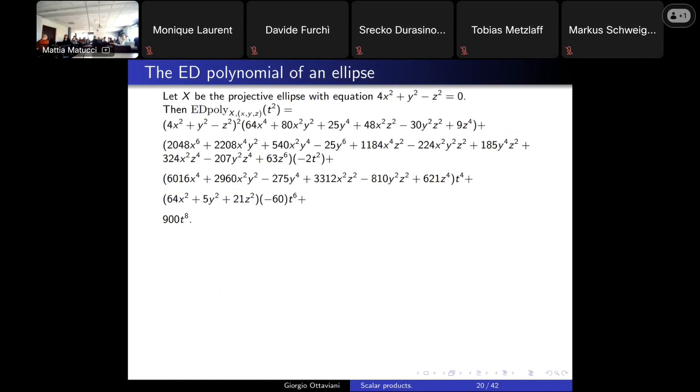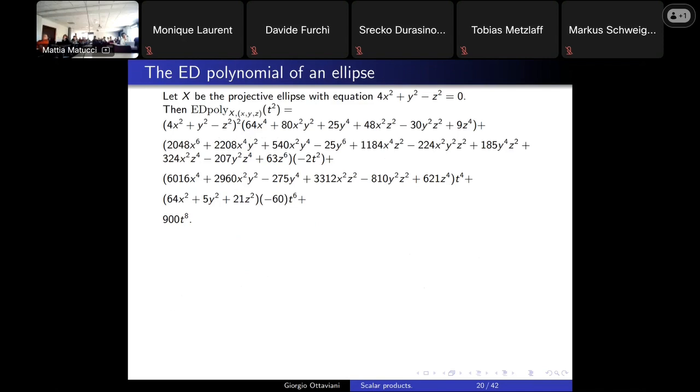Okay, so after all of this, I can show you a specific example of a conic, the same that was drawn before. If I'm not mistaken, the two semi-axes should be 1 and 2. No, maybe 1/2 and 1, but it is similar to 1 and 2.